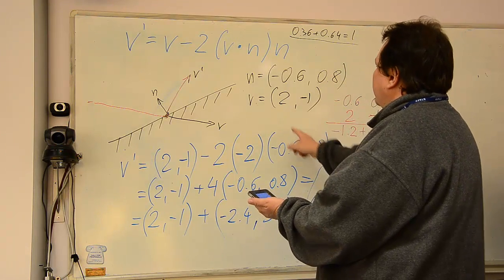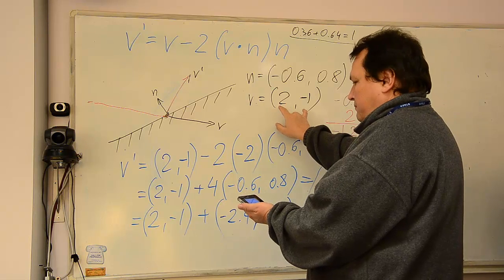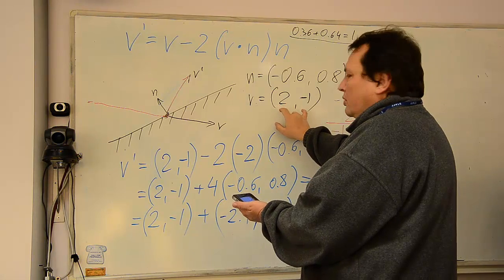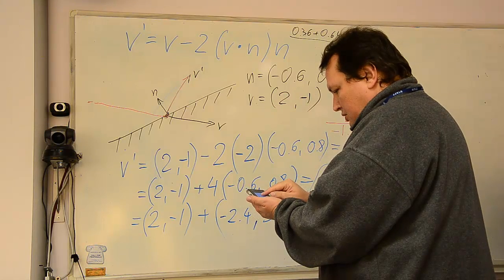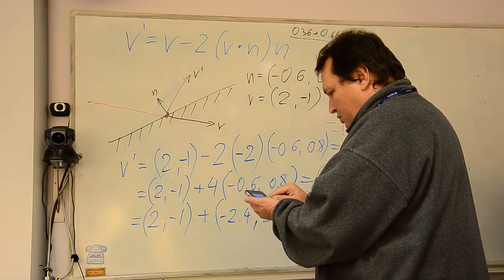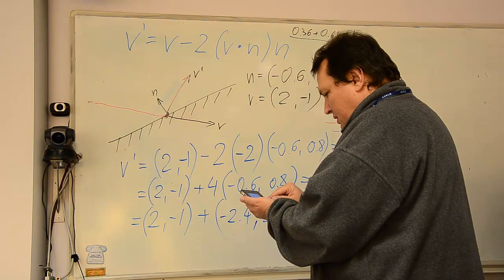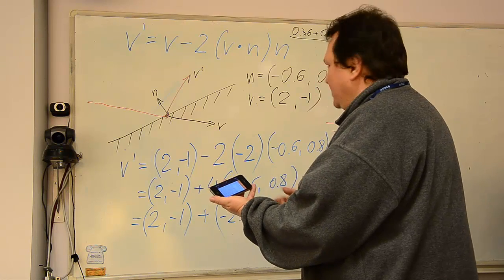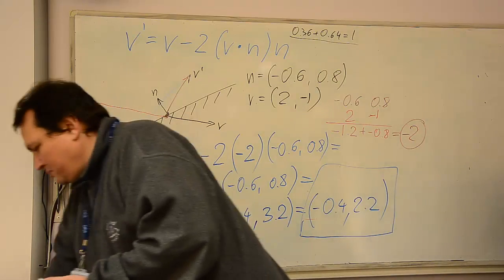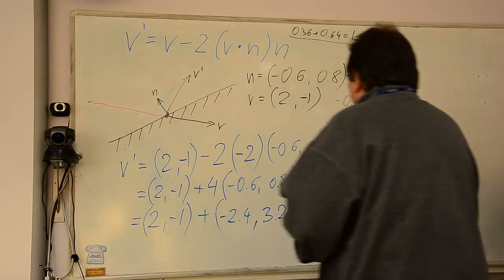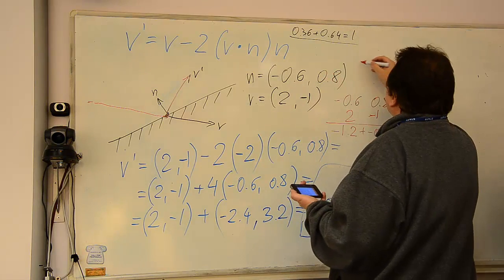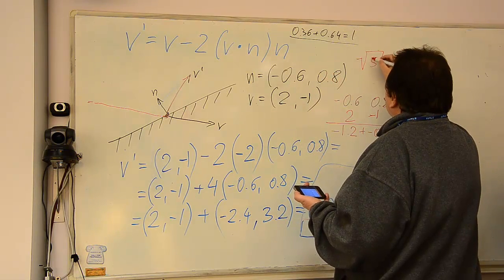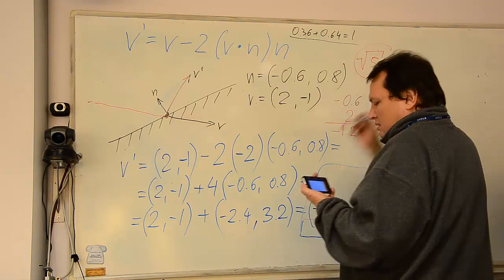I will calculate firstly the magnitude or length of the initial velocity. It's 2 squared plus 1 squared. It's nothing to calculate, it's 5. So the magnitude of the velocity or speed before the collision is square root of 5.